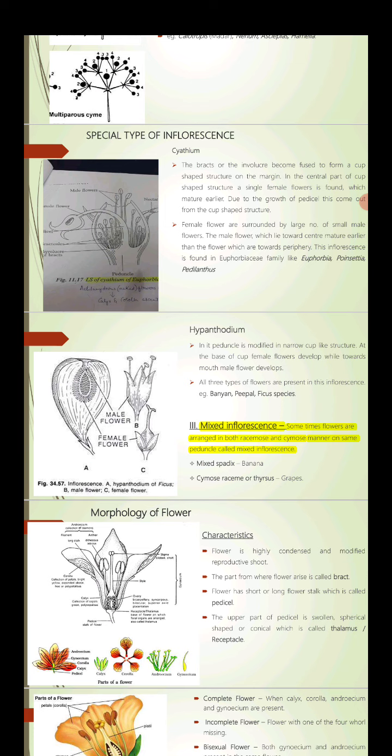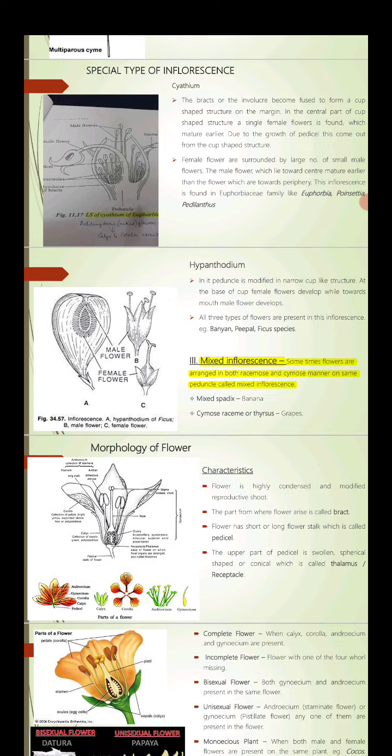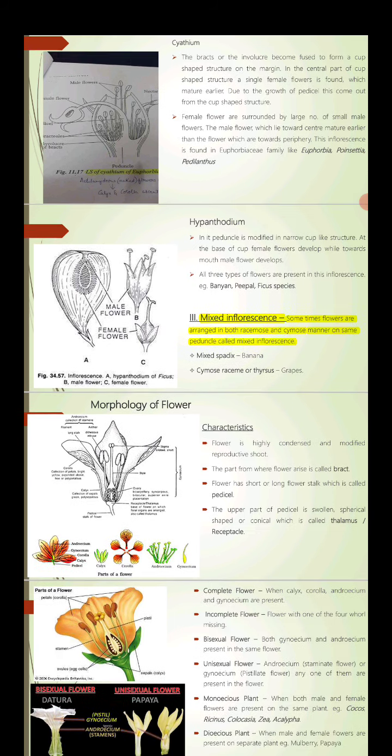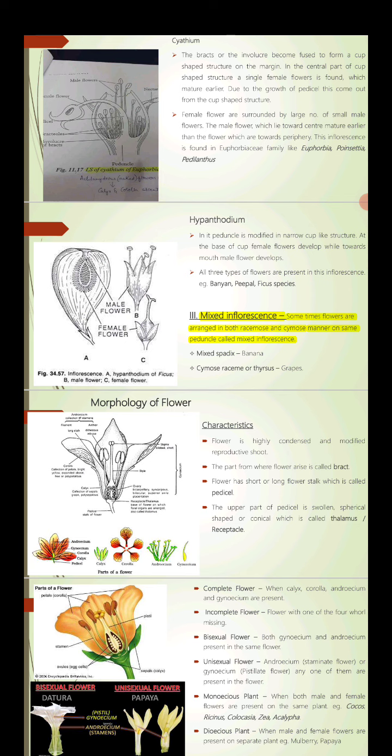In the racemose inflorescence, the arrangement of the flowers is centripetal if the peduncle is reduced. In the cymose inflorescence, flowers develop centrifugally if the peduncle is reduced. In the racemose, the floral axis is monopodial, and in the cymose, the floral axis is multipodal. Okay, so these are the basic things of the inflorescence.